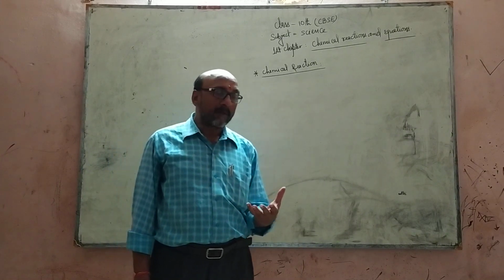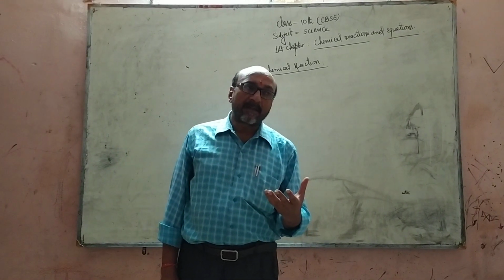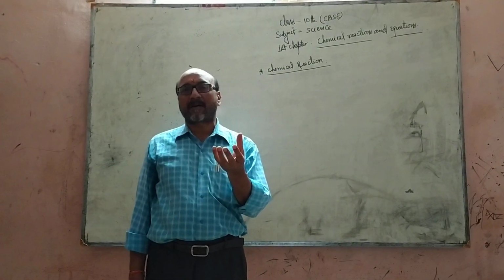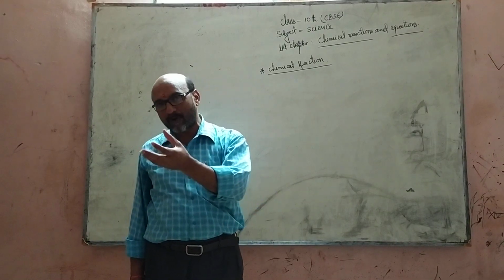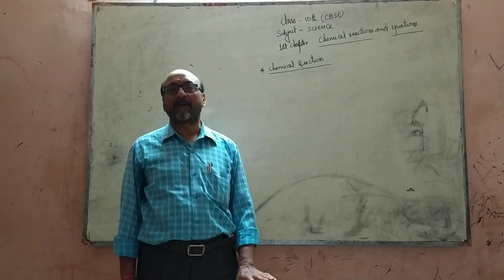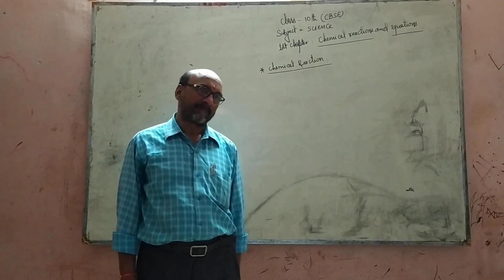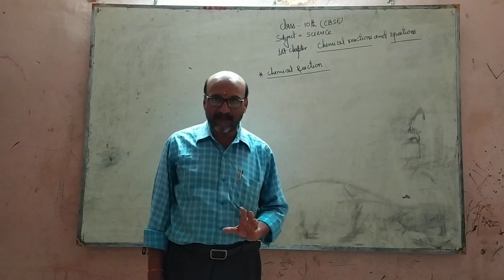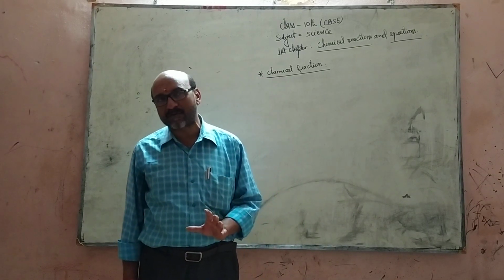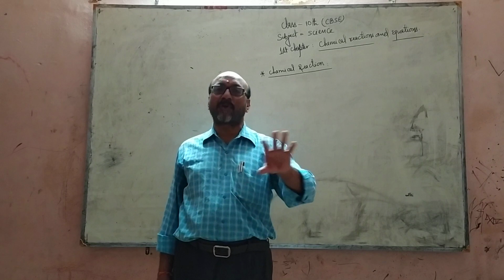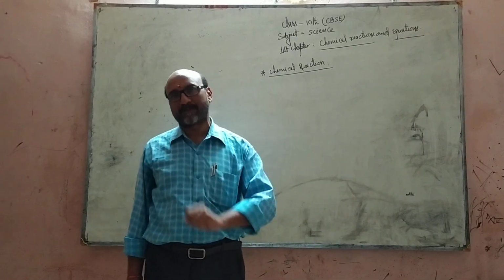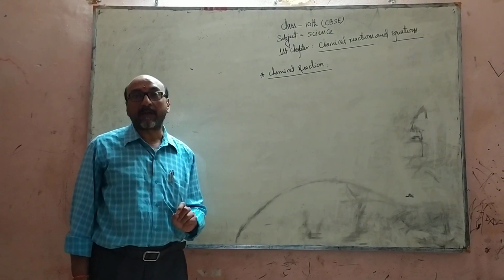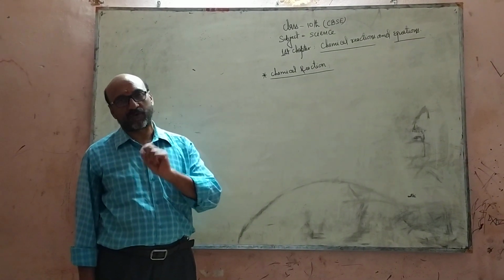When we keep a freshly cut piece of apple for a long time, its color gets changed. These are examples of chemical changes, means the chemical reactions which take place in our surroundings, in our daily life, on the basis of which we can define chemical reaction.